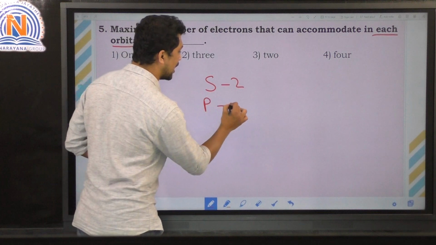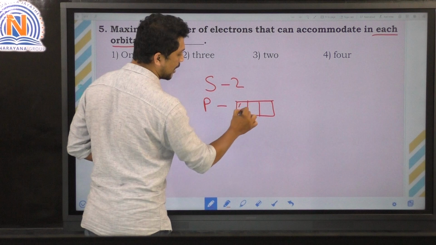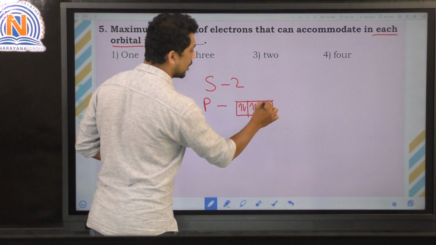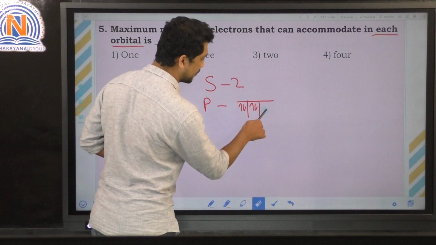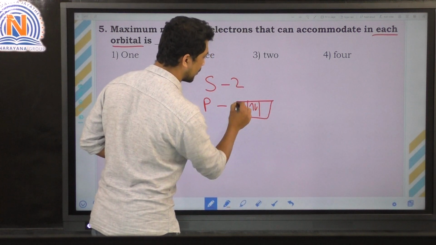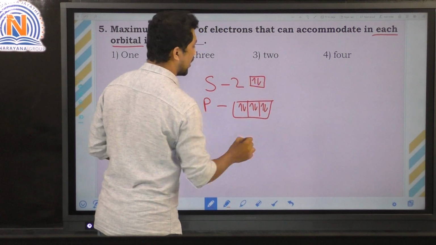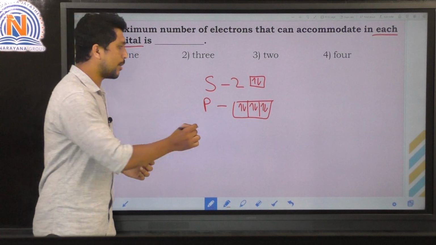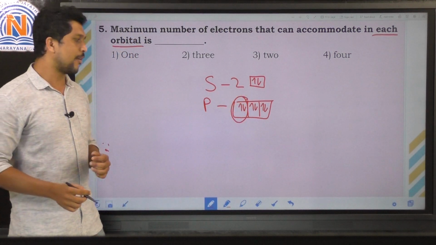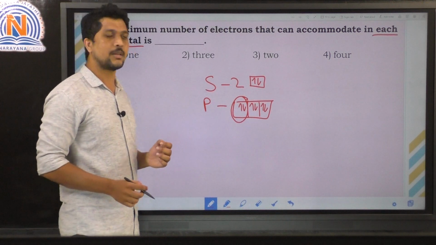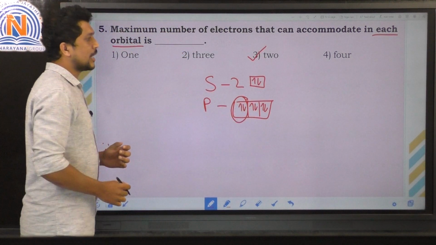P has 3 orbitals, each orbital contains 2 electrons, so in total 6 electrons can be accommodated in p orbital. In that way, a single orbital can accommodate only 2 electrons, right? So the correct option is third option. I hope you understand well.